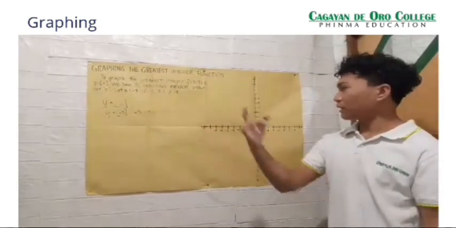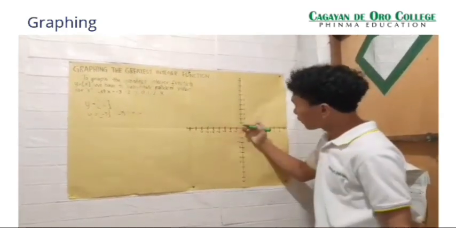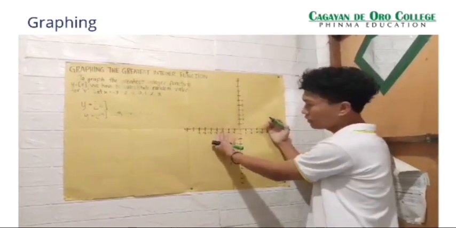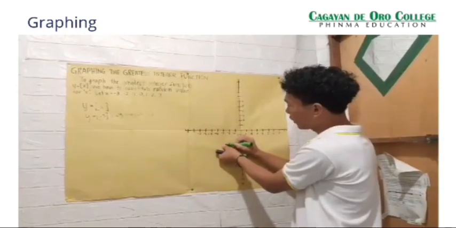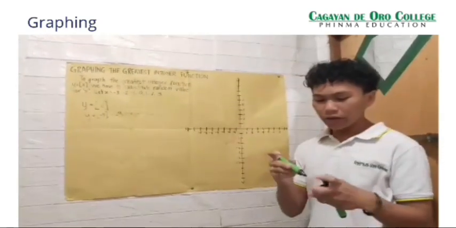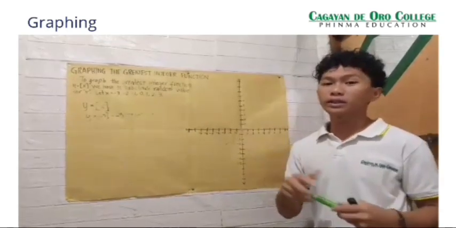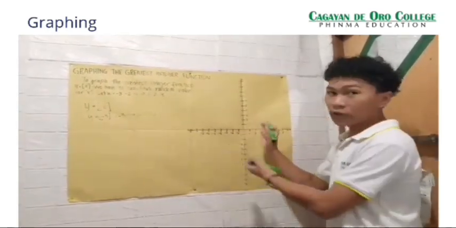And in graphing this ordered pair in our Cartesian plane, we can say that negative 3 is here and negative 3 is here. So therefore, it's over here. And in graphing the greatest integer function, we need to move 1 unit from our point to the right.